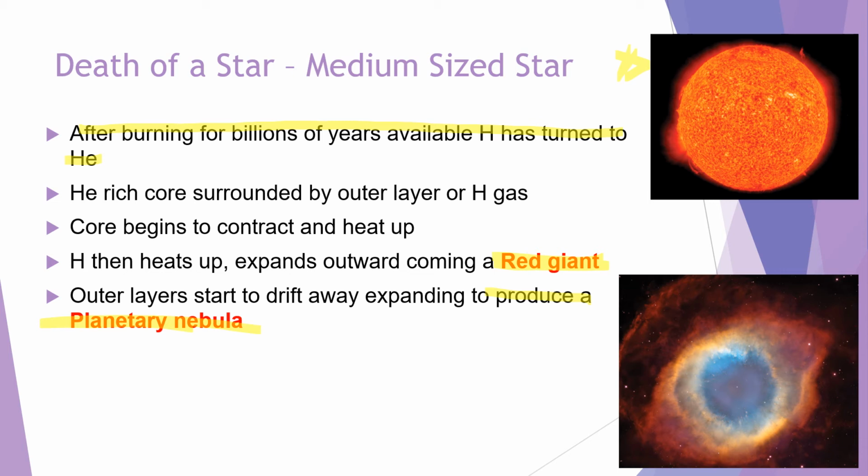So it will expand so far out that it will actually swell and eat the first 4 planets of our solar system. So in 5 billion years, those first 4 inner planets will be consumed by the sun because it will become a red giant. Okay, and then down here is when those outer layers start to drift away, and it then becomes a planetary nebula.